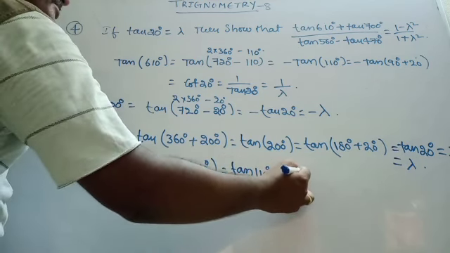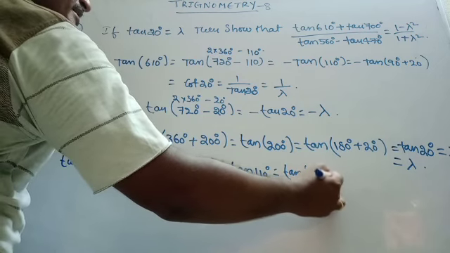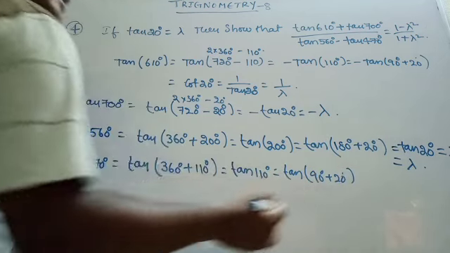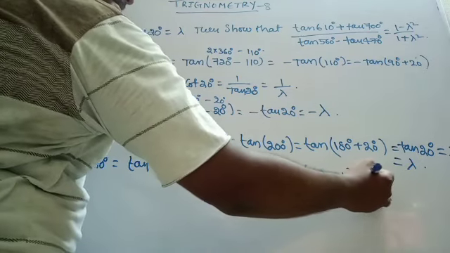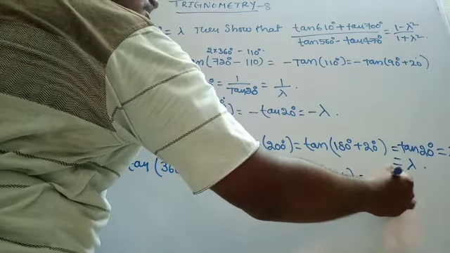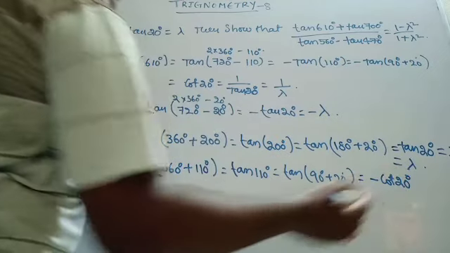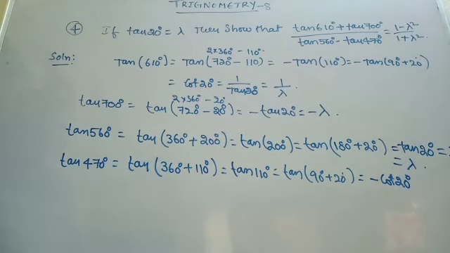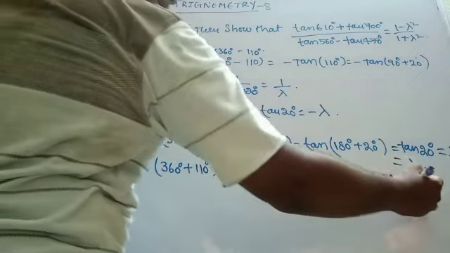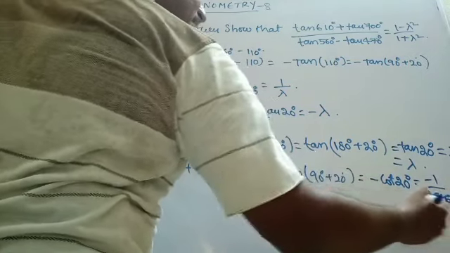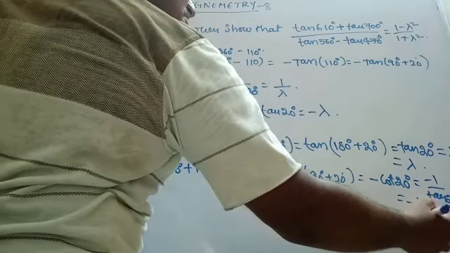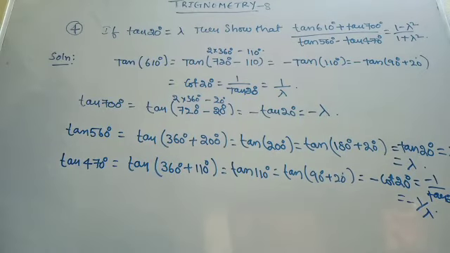Now this becomes tan of 90 degrees plus 20 degrees. Tan of 90 plus 20 degrees is minus cot 20 degrees. This is nothing but minus 1 by tan 20 degrees, which is minus 1 by lambda.